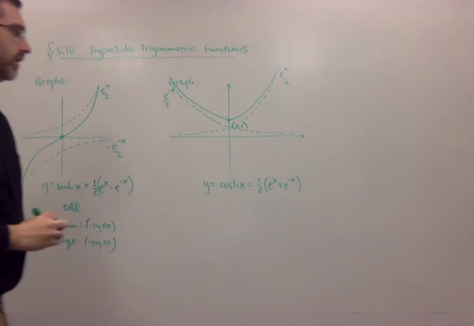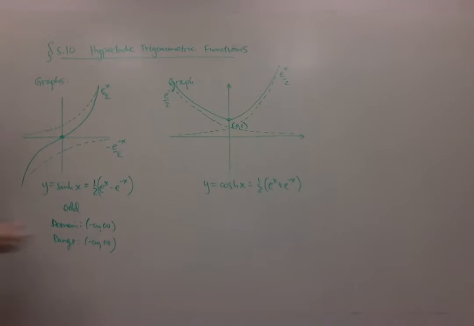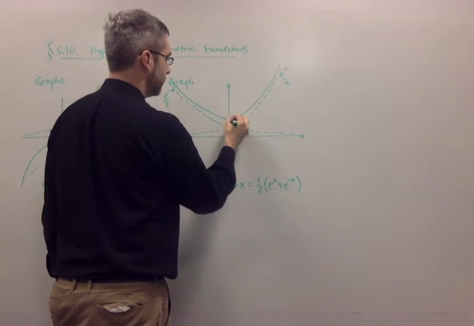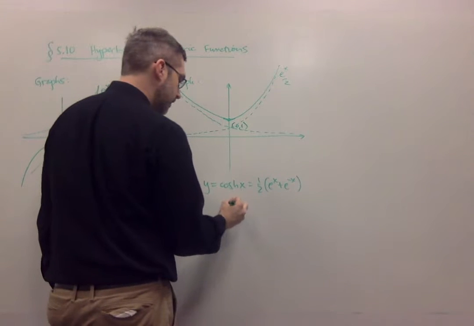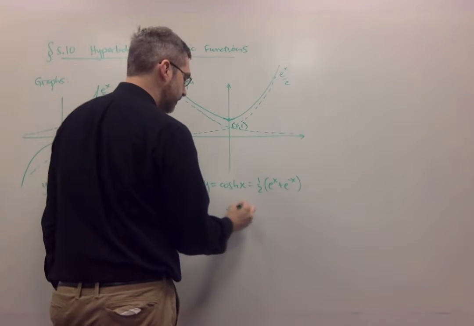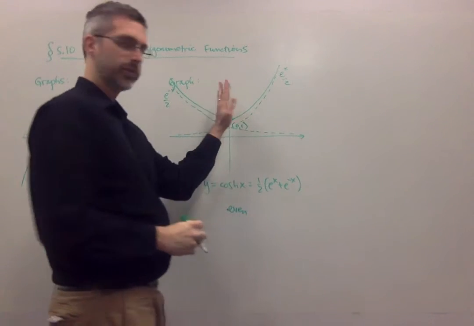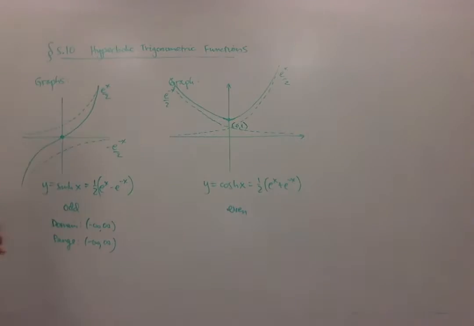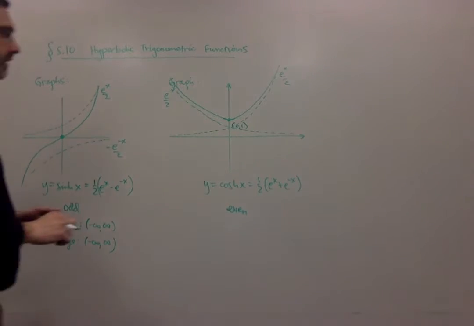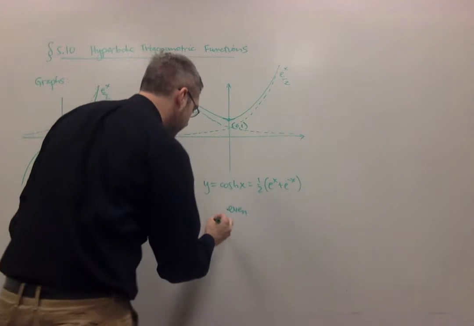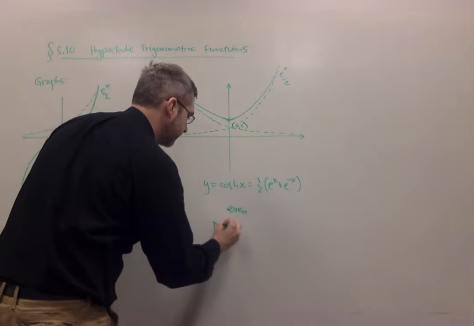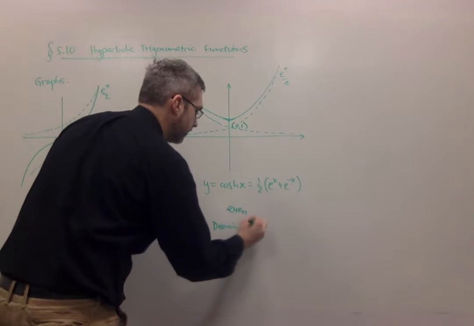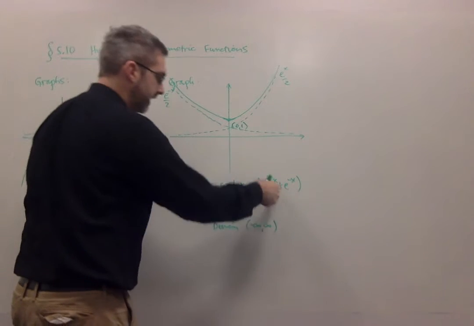One thing you'll notice about this function, the derivative here is actually 0. It's nice and flat there. So this is an even function. In other words, it looks the same if we flip it around the y-axis. It's an even function, and the domain is all real numbers. There's no problem plugging any numbers in here.